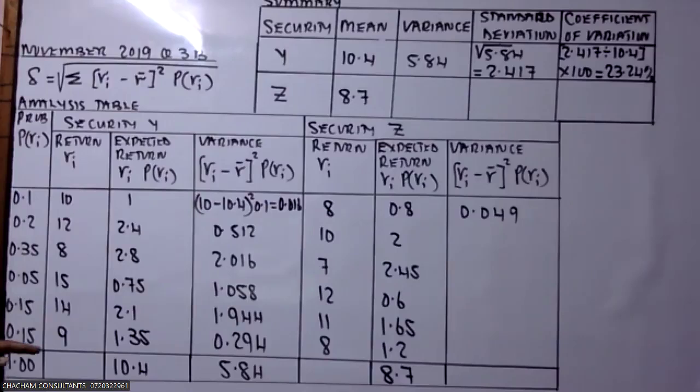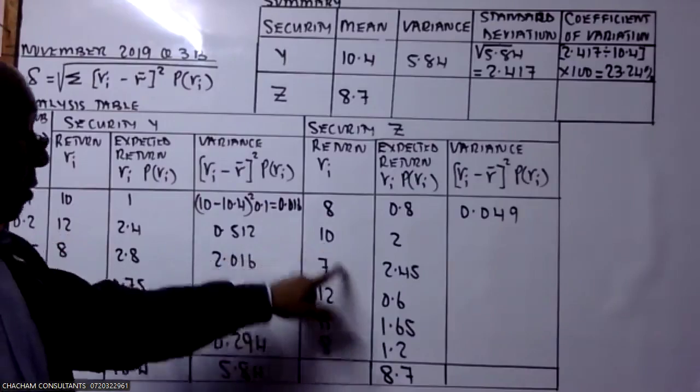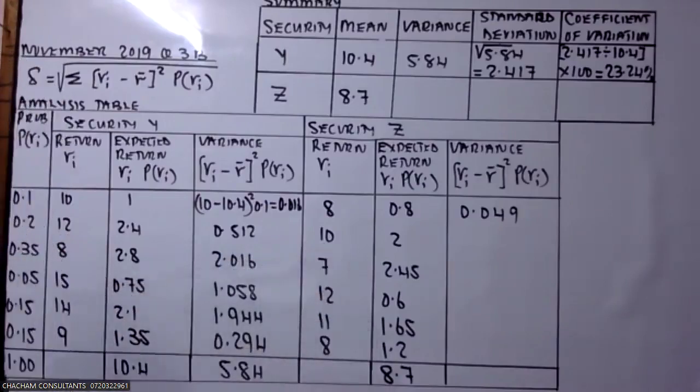Then you take 10 minus 8.7, you square, and that value you multiply by 0.2. You get 0.338.